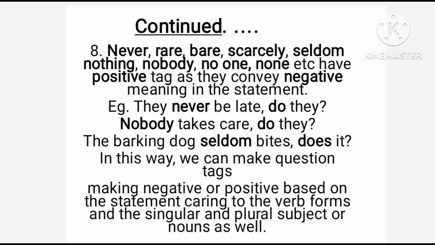It means they already have the negative meaning. So based on the rule, we have known that for a negative statement we should make a positive tag, and for a positive statement we make a negative tag.